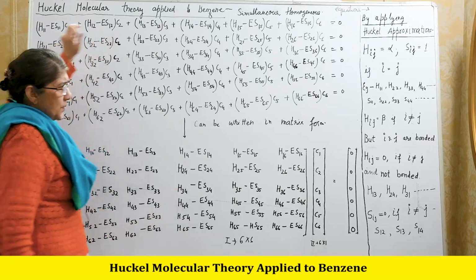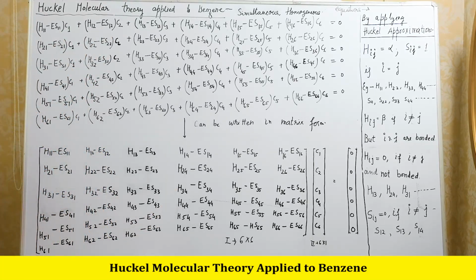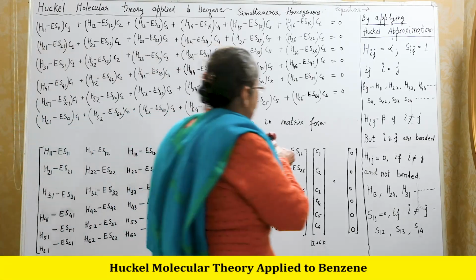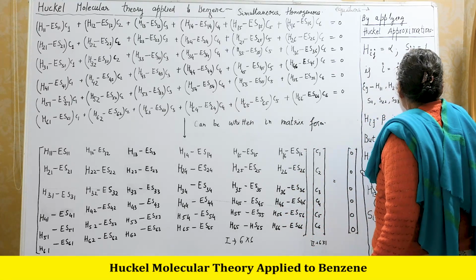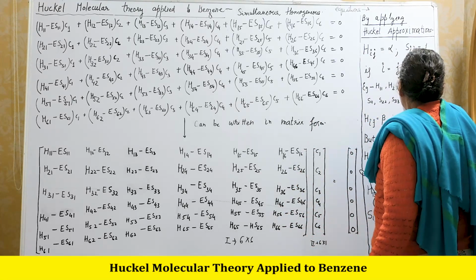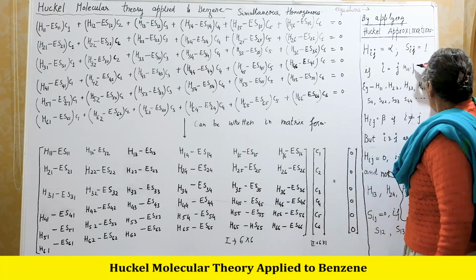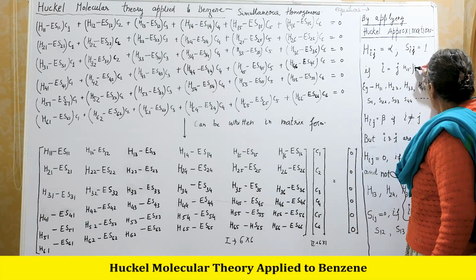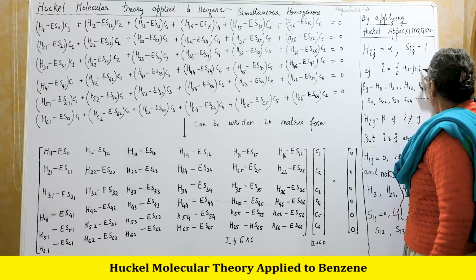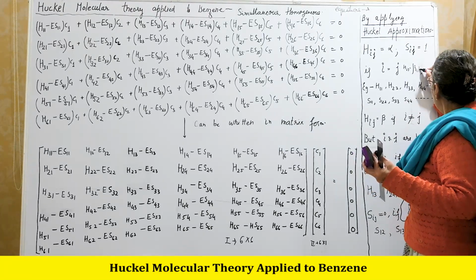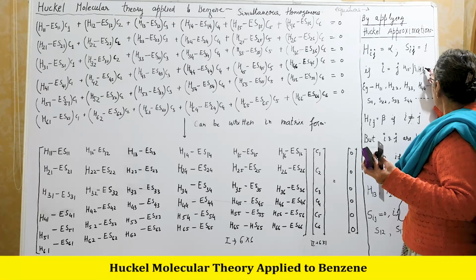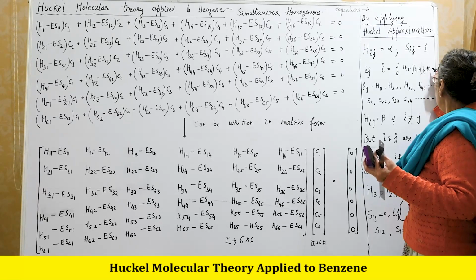I have already explained in earlier videos that Hij is equal to the integral of φi H φj dτ.